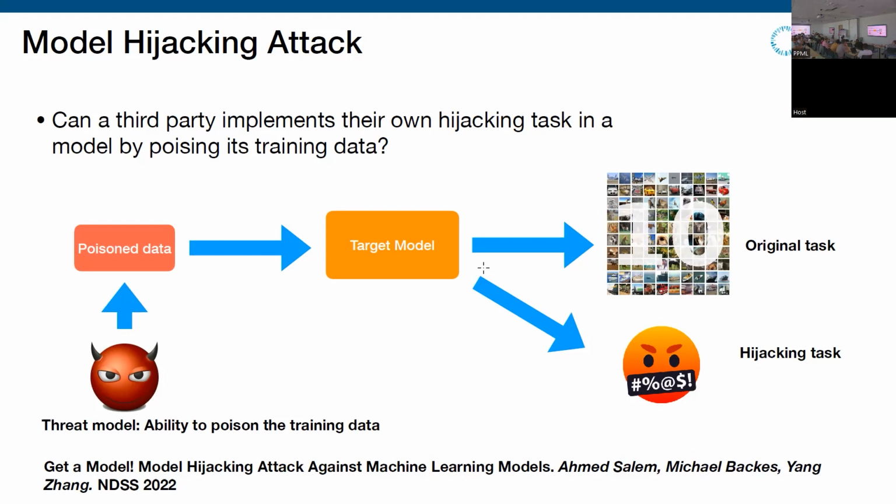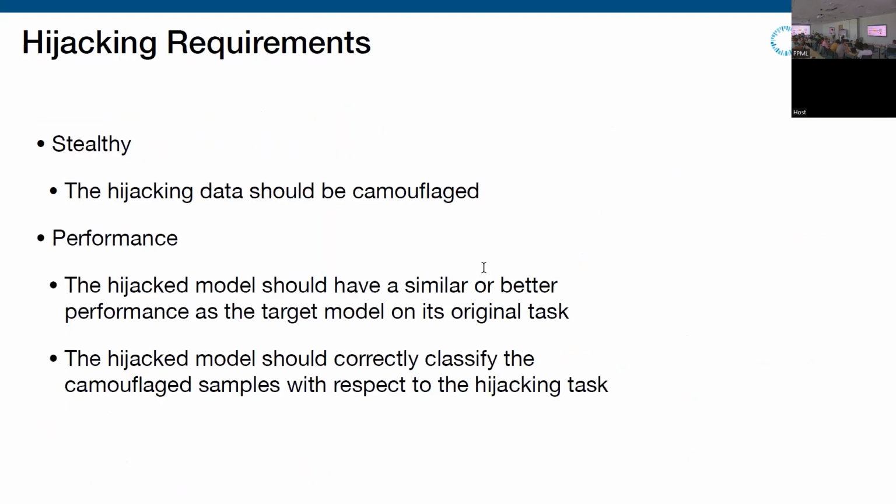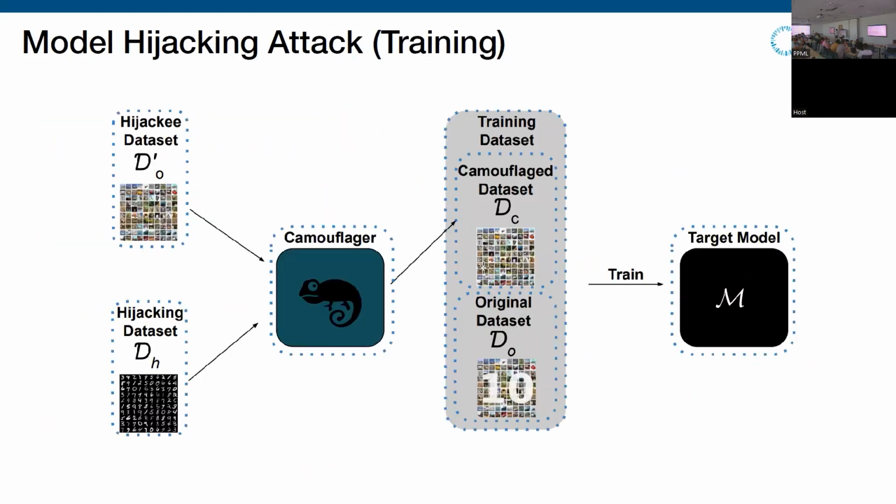So this is the purpose of this hijacking: hijacking for a different purpose without being noticed. For example, in our experiments, the original task is CIFAR-10 and the hijacking task is MNIST.